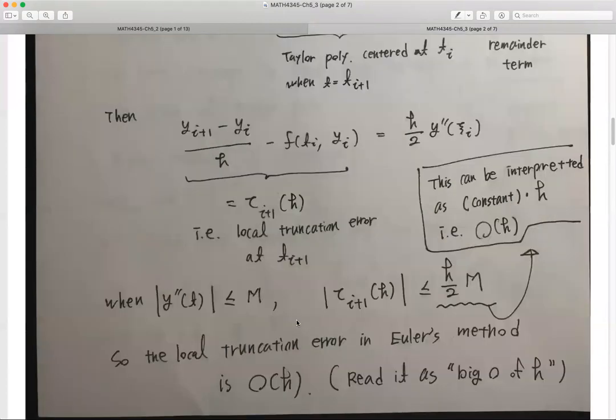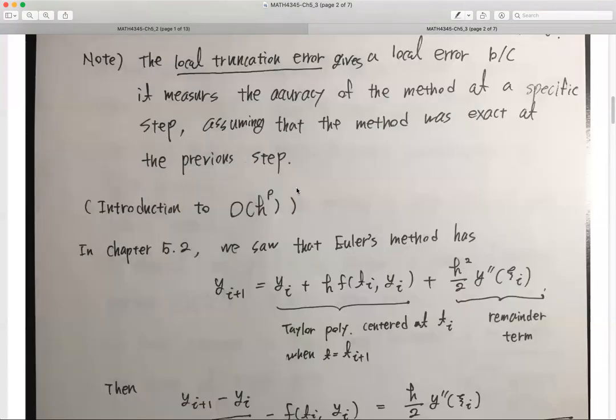Okay, so now you see that if p is increased, that means for a numerical method, if the local truncation error is big O of h to the pth power, if p is for example 3, 4, 5, 6, then the local truncation error decreases faster than linear, faster than quadratic, okay, as p is increased, right?